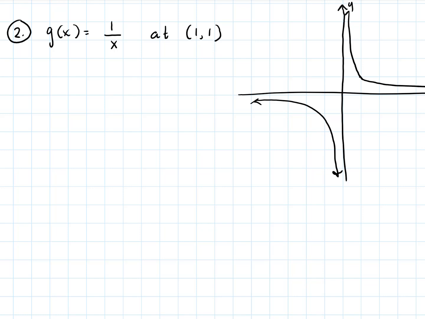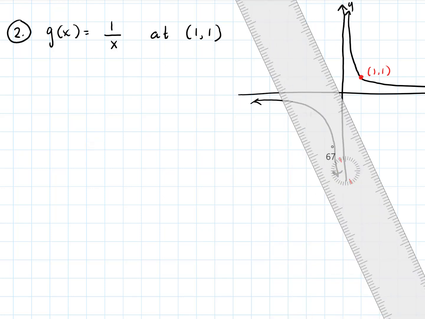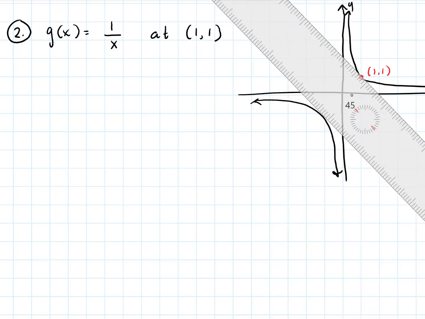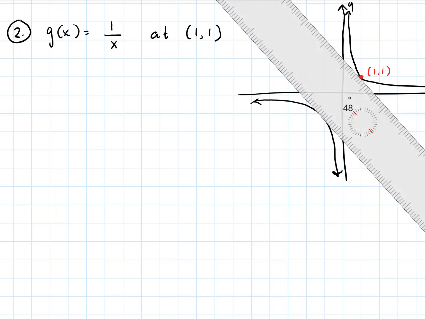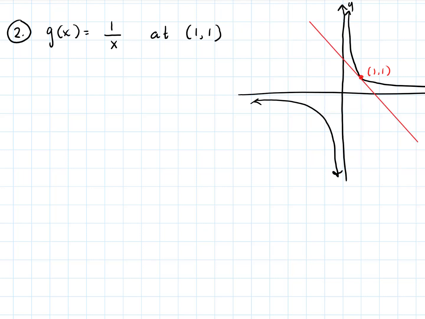And we want to find the actual tangent line at 1, 1. So if we were to bring our ruler in, the tangent line at 1, 1 would be something like this. Now it's not a perfect graph, but we get the general idea. So there's our tangent line.